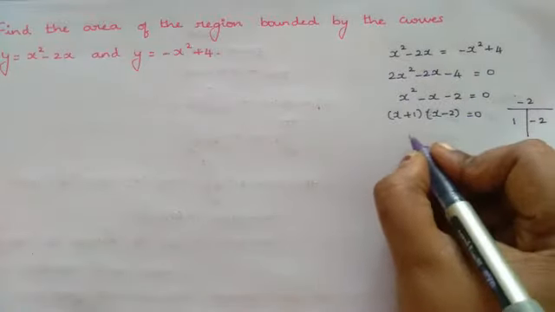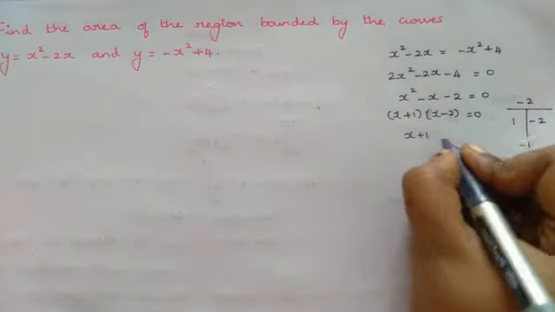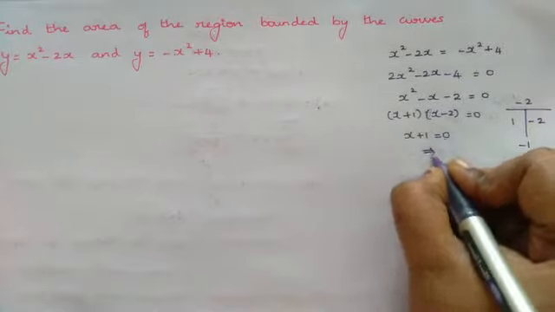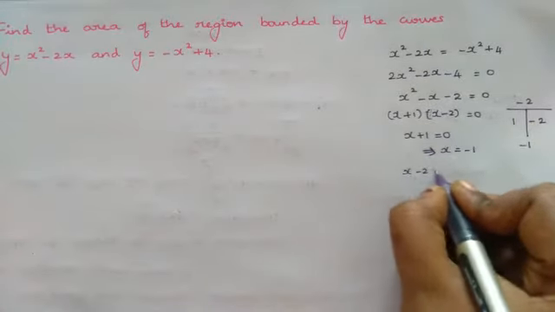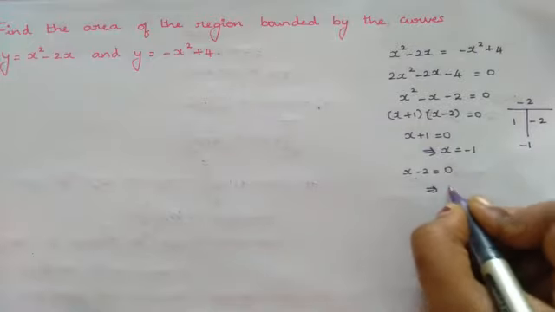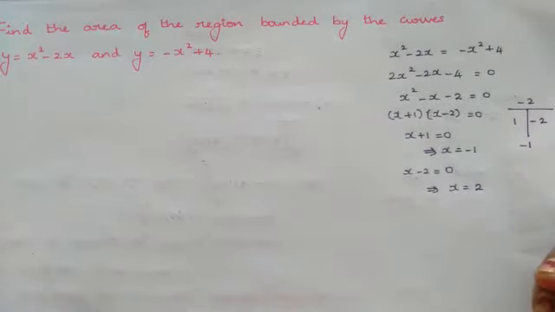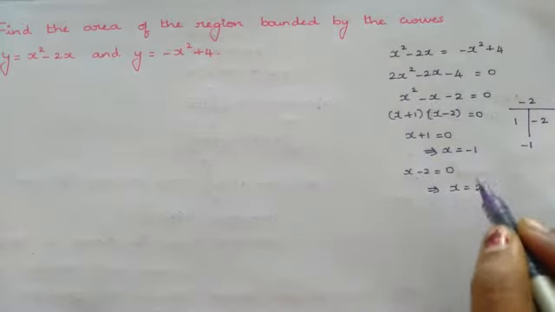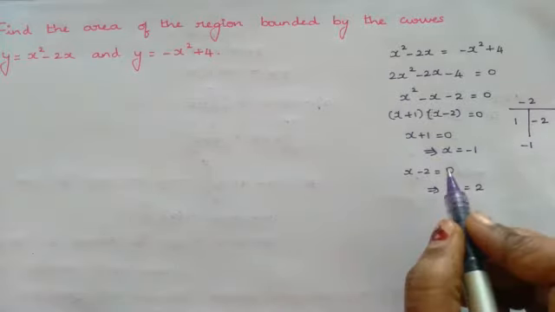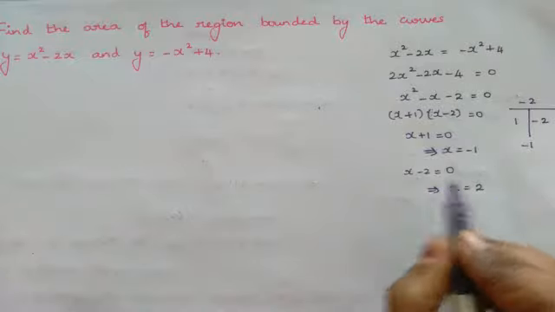From this, x plus 1 equals 0 implies x is equal to minus 1, and x minus 2 equals 0 implies x is equal to 2. So x equals minus 1 and x equals 2 are the solutions for x. Now let's identify the solution for y.